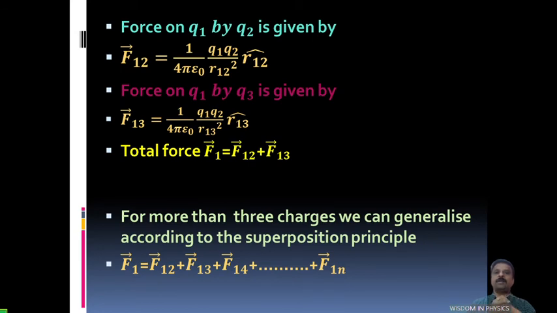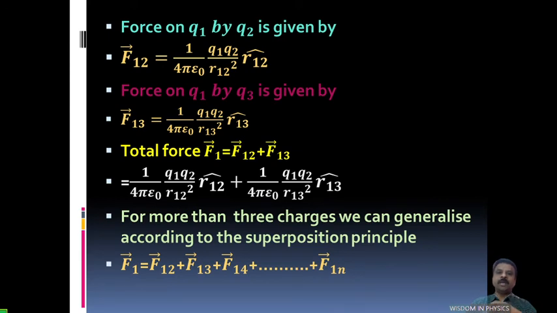The total force acting on the charge Q1 can be mathematically expressed as F1 vector is equal to F12 vector plus F13 vector. Simply add them: 1 upon 4 pi epsilon naught Q1 Q2 by R12 square R12 cap plus 1 upon 4 pi epsilon naught Q1 Q3 by R13 square R13 cap.